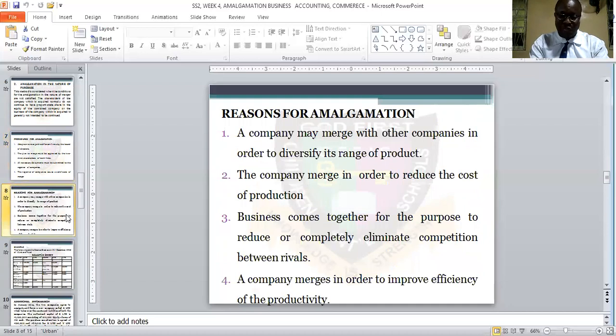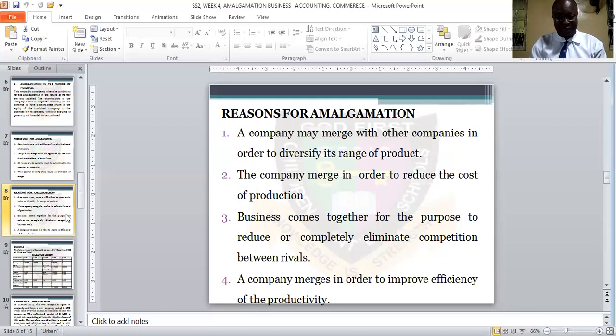Then let us look at the reasons for amalgamation. One, a company may merge with other companies in order to diversify its range of products. Maybe they want to change the range of products they were selling before.